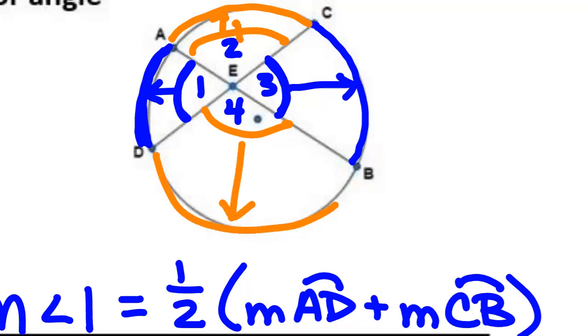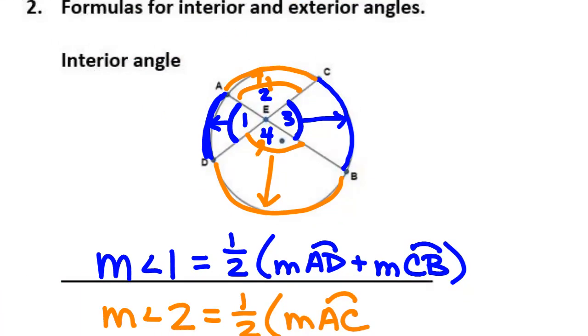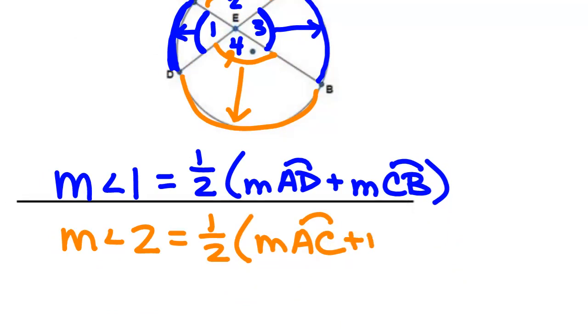BD. Beautiful. So when my chords or my secants intersect inside the circle, I add the arcs that are opposite that angle and its vertical angle, and then I cut them in half, and that gives me the angle measurement.